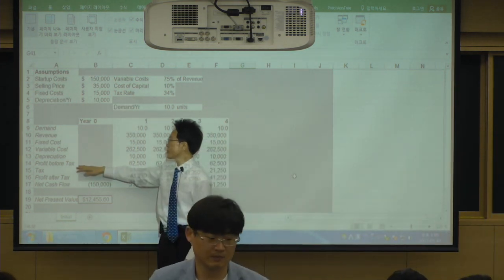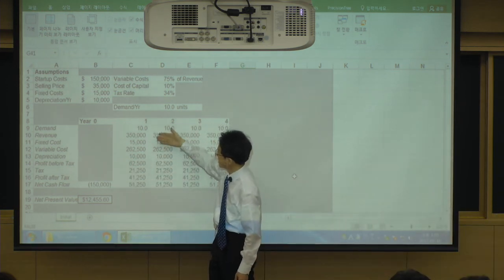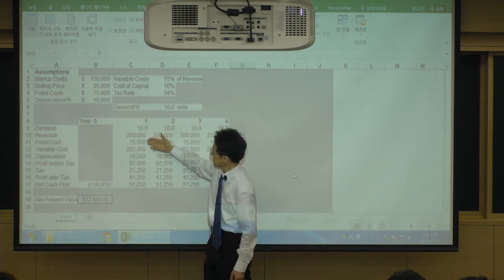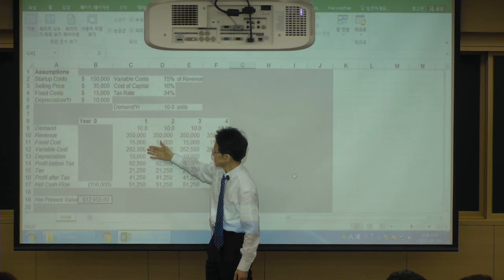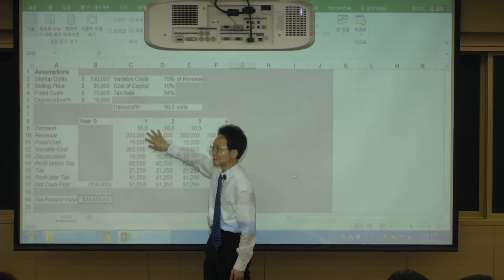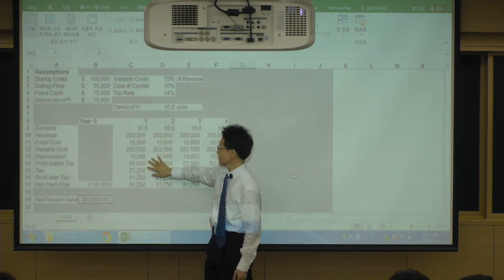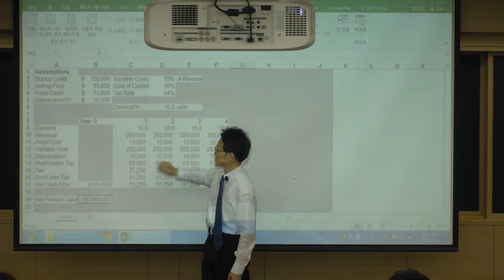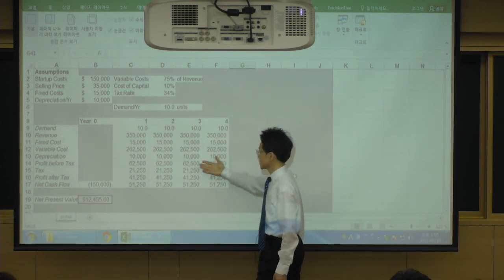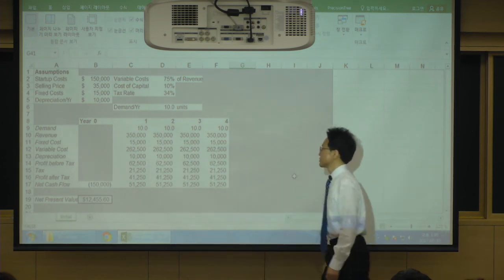And we have a profit before tax, meaning that you subtract 15,000, 262,500, and 10,000 from 350,000. Then you get profit before tax, which is 62,500. So it's very clear, very simple.